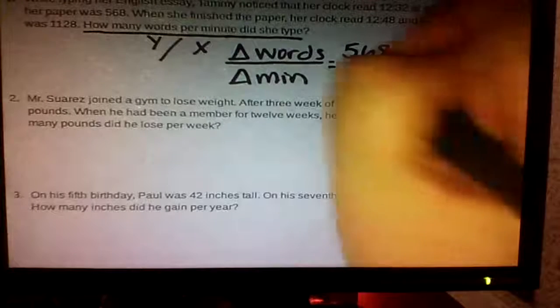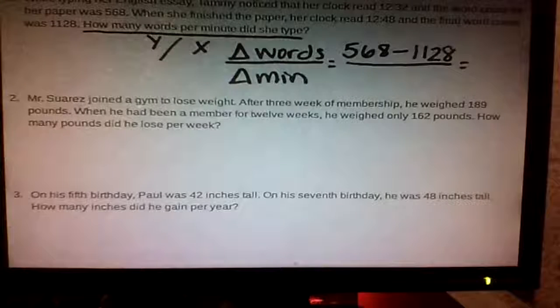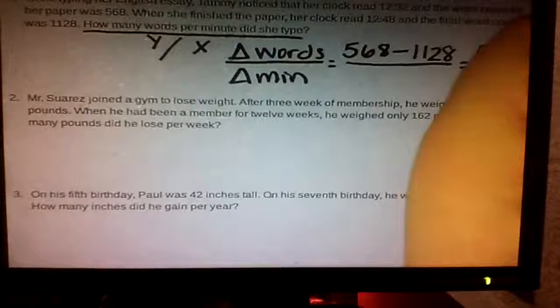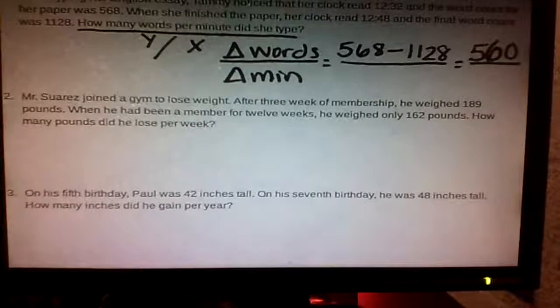So how many words did I type? 560. 560 words. We need to figure out how many minutes that took.